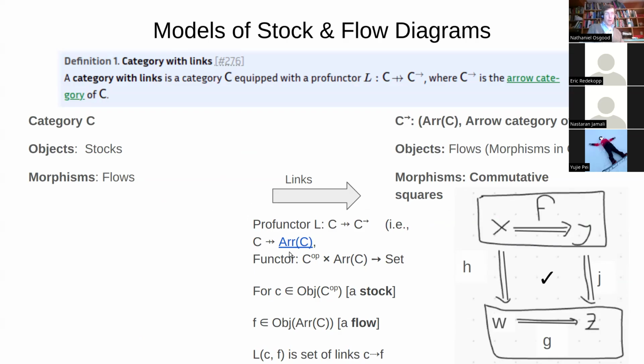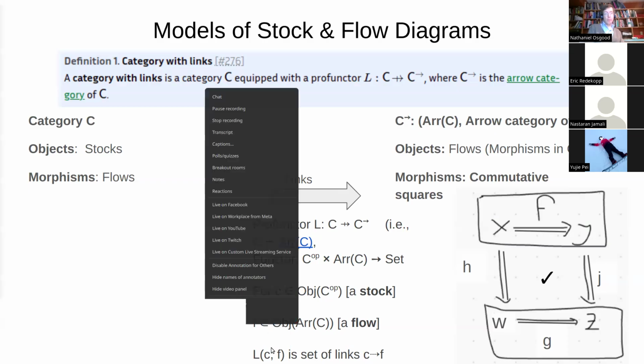That's what this profunctor is. It's a plain old functor from C op cross arrow of C into Set.